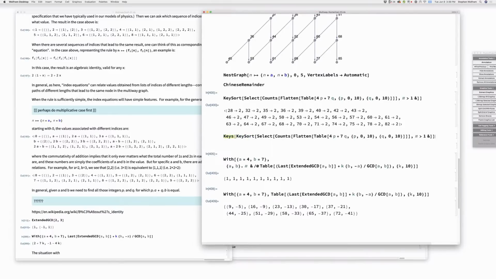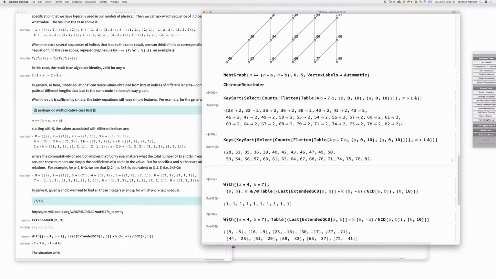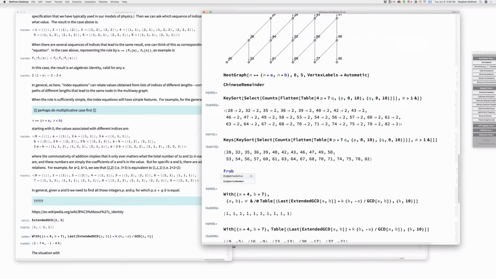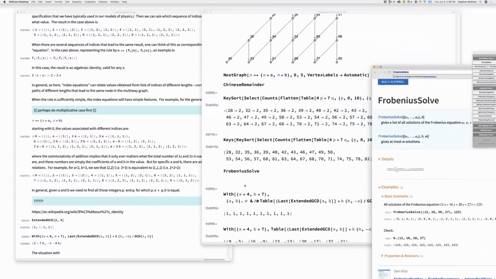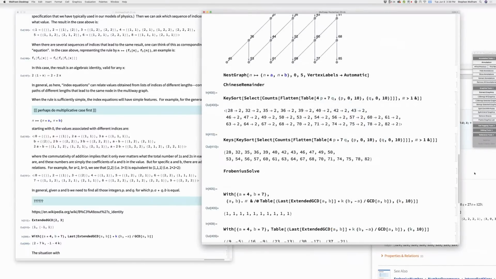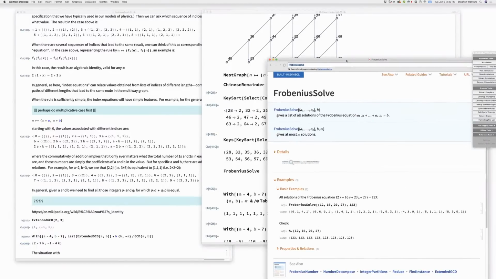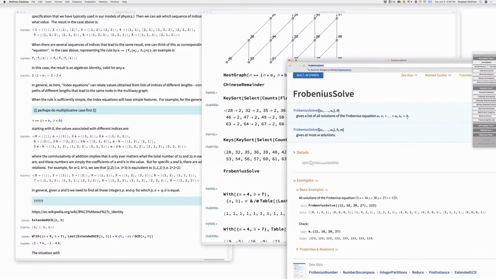Am I making sense? Ed, do you have an idea of this? Yes, and that's also the Frobenius function. Right. So how do I use that's what I also figured that one out. So Frobenius solve gives all the solutions to the equation a sub 1 x. So this should be those B's for which this has a solution, right?